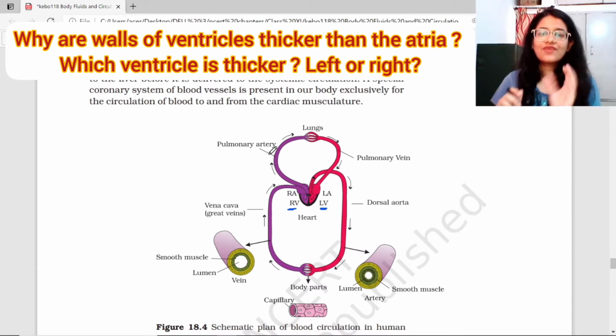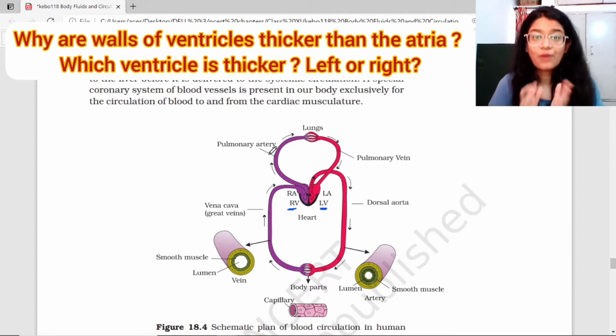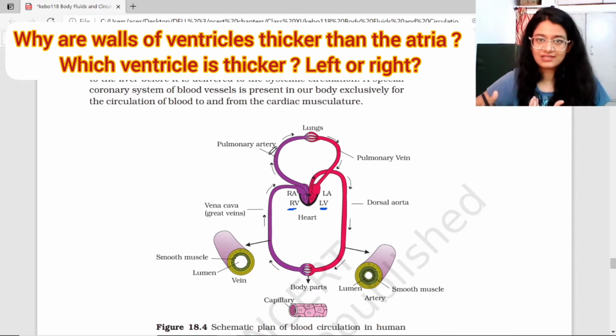So left ventricle is pumping the blood towards the body parts. Body parts include both the part which is above the heart and the part which is below the heart, whereas right ventricle is pumping the blood towards the lungs.